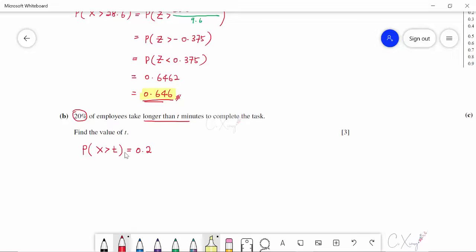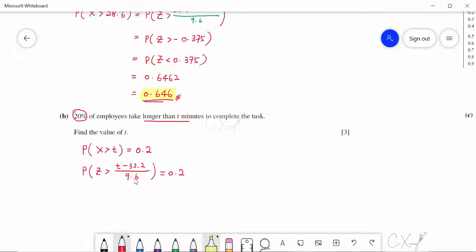Okay, right, so again, because x is normally distributed, you have to change it to z by standardizing it. So when you standardize it, it should be the value of x, which is T, minus 32.2, divided by 9.6, and it equals 0.2.